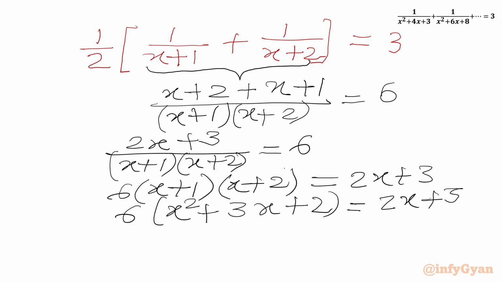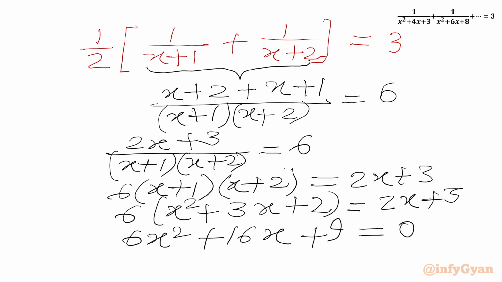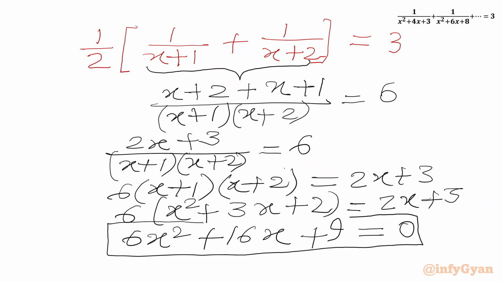Now we will write all the terms to one side to get our quadratic equation. I will write here 6x square. Then we have 18x minus 2x will be equal to 16x. 6 times 2 is 12. 12 minus 3 is 9. So finally we have one quadratic equation, 6x square plus 16x plus 9.